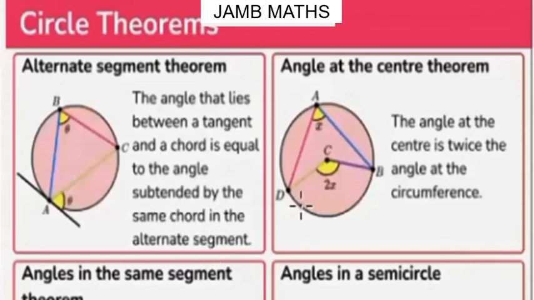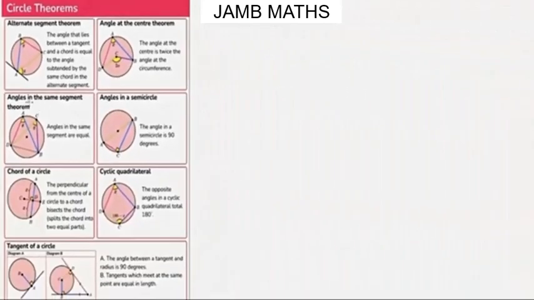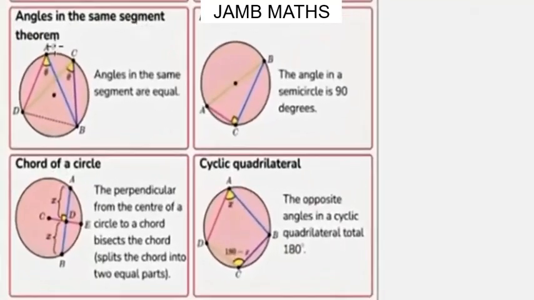The second one I have here says angle at the center theorem. It says the angle at the center is twice the angle at the circumference. Don't worry, we're going to practice with a question and apply these rules to see how they apply to such questions. The third rule says angles in the same segment theorem: angles in the same segment are equal.